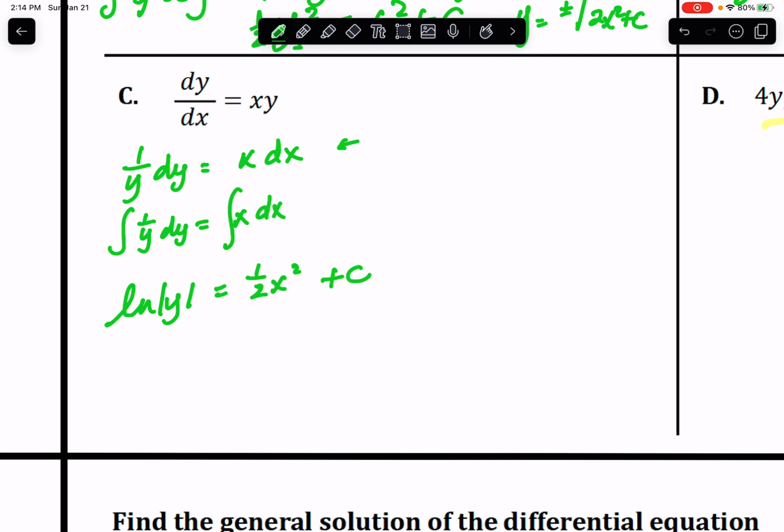So now to get the ln and solve for y, we have to put it in terms of e, right? So this would be e to the 1/2 x squared plus c equals absolute value of y.